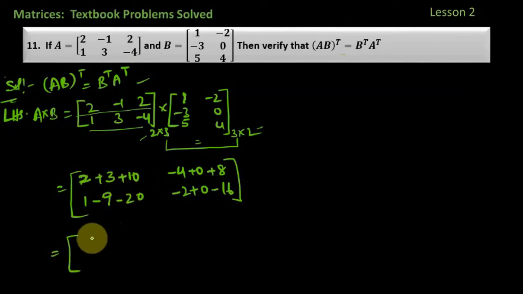See, 15. Right here, plus 8 minus 4. One has a plus sign, the other has a minus sign. In addition, what will we get? We should subtract, right? So we get plus 4, because it takes the bigger number's sign. Always remember this. Now similarly, here how much will you get?